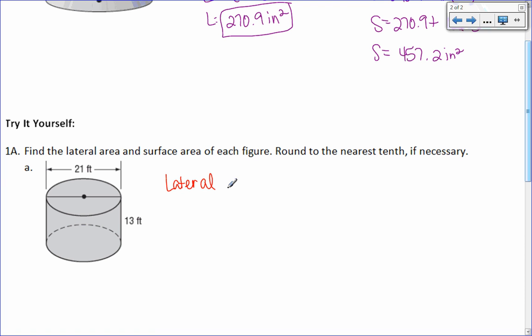Okay, for the first one, the lateral area is 857.7 square feet. And the surface area is 1,550.4 square feet.